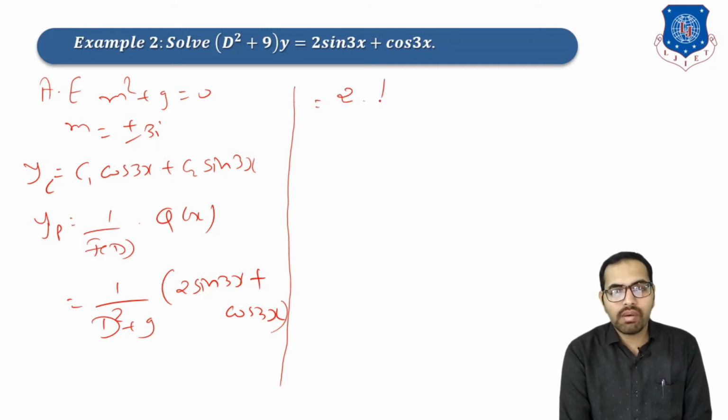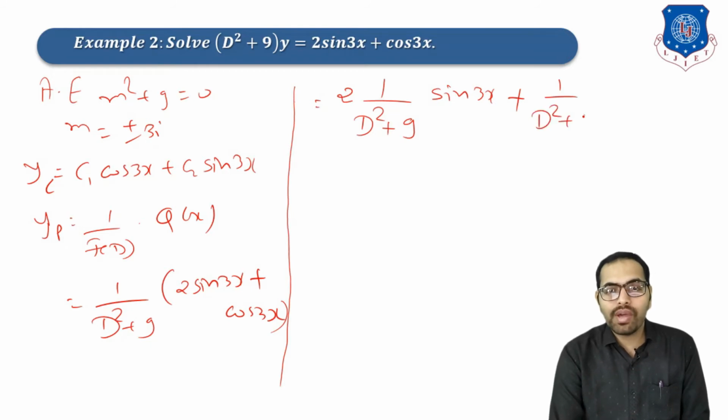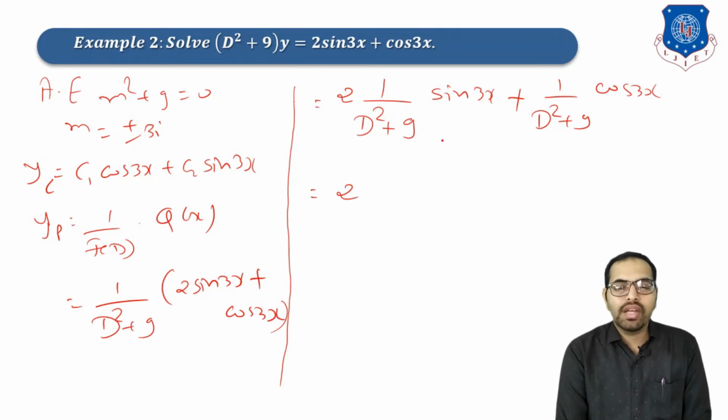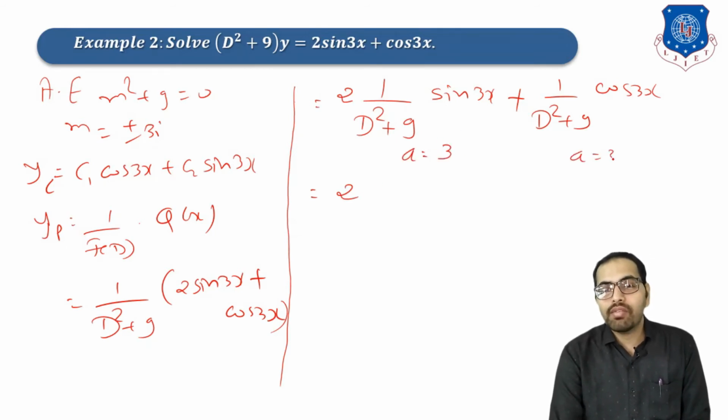The constant 2 comes out: 1 upon D² + 9 sin 3x plus 1 upon D² + 9 into cos 3x, according to the linearity property. Now here in the first term a = 3, in the second term a = 3, again the first term is in terms of sine, the second term in terms of cos.